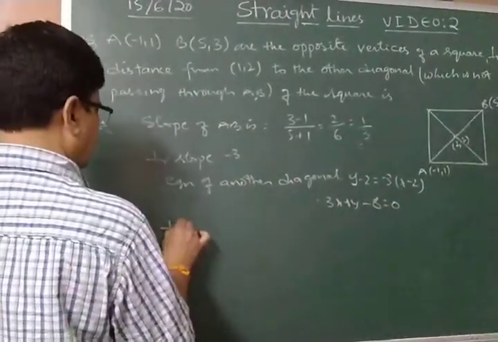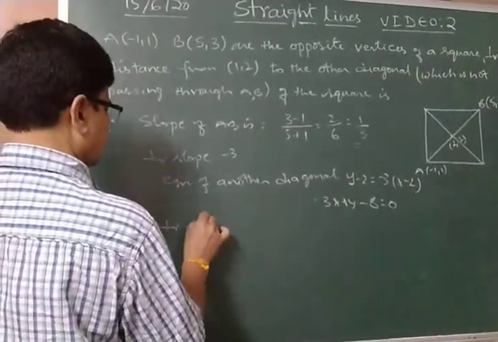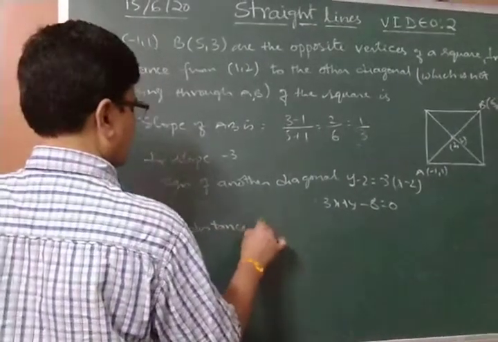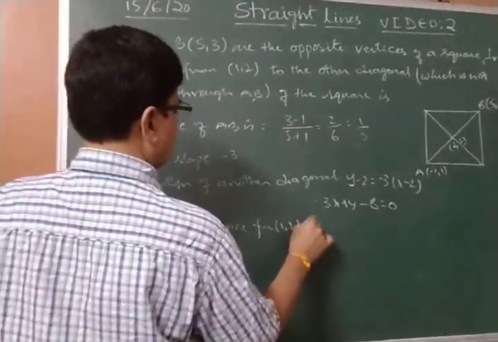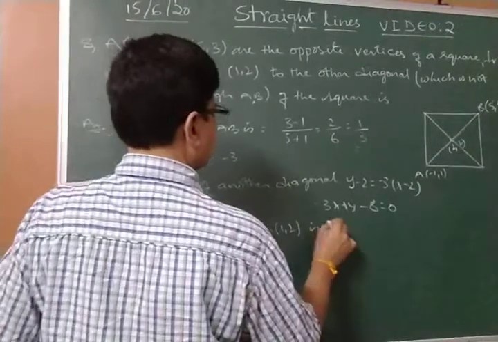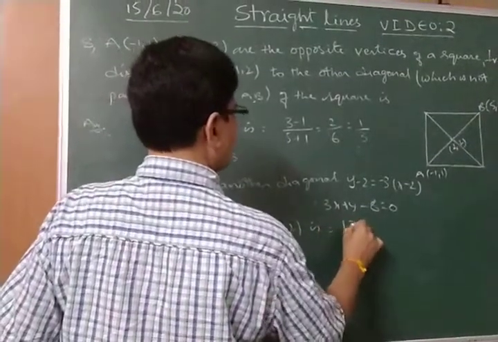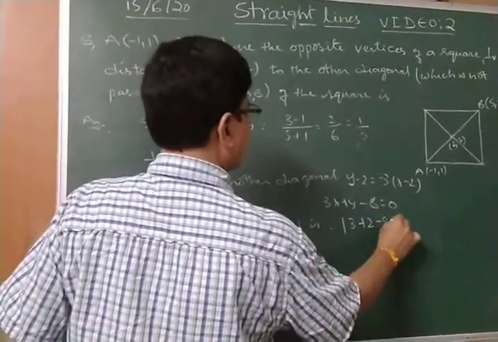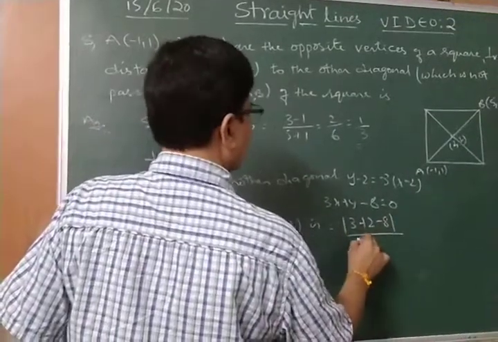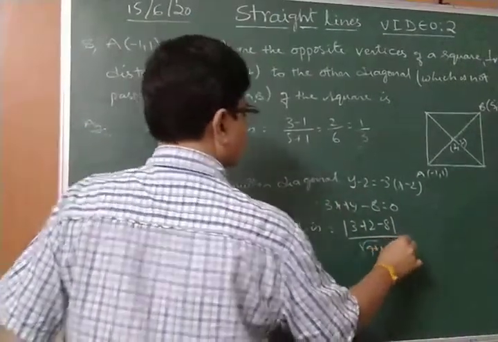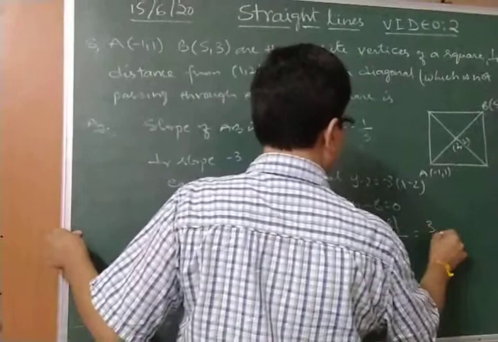The perpendicular distance from (1, 2) is modulus of (3 plus 2 minus 8) by root of (9 plus 1), that is equal to 3 by root 10.